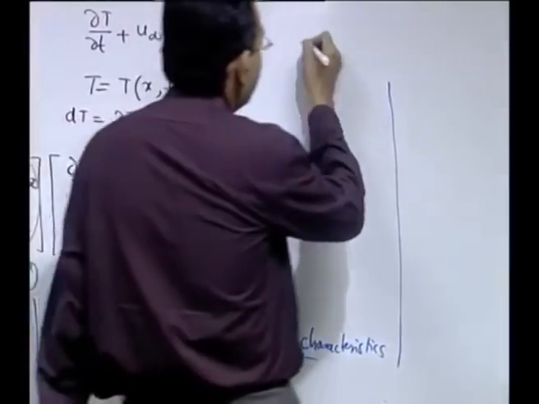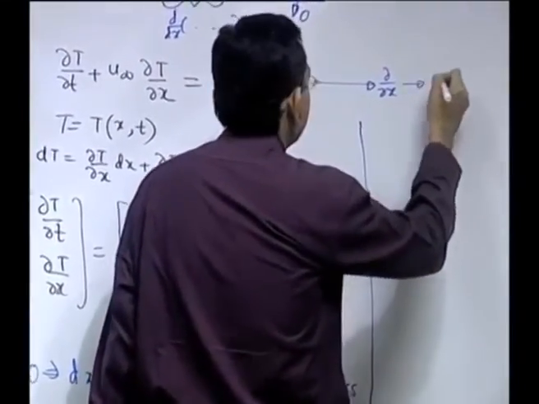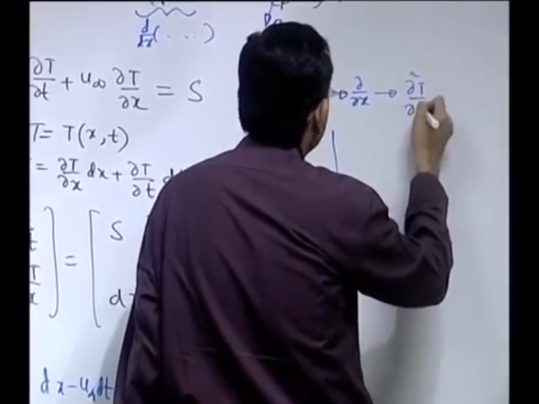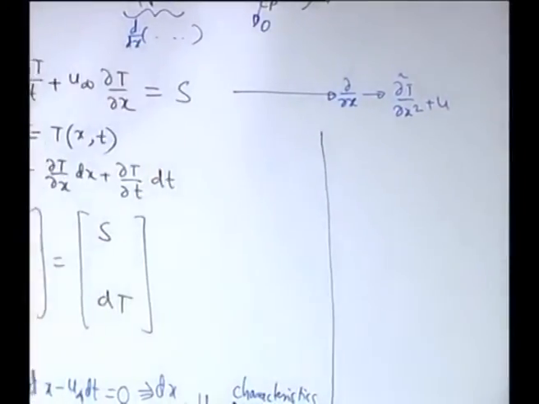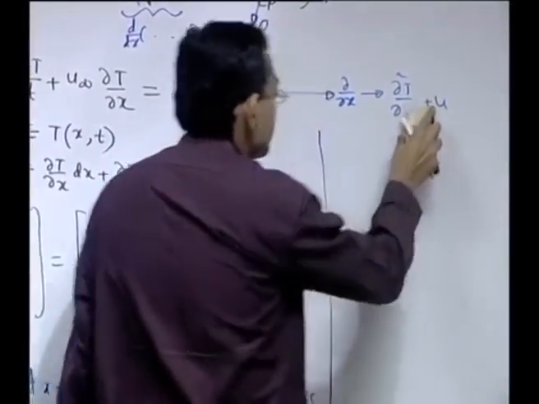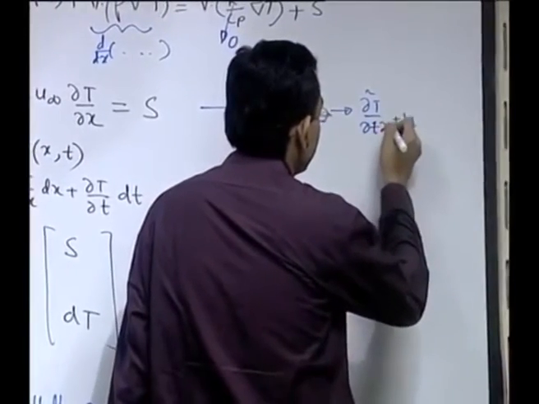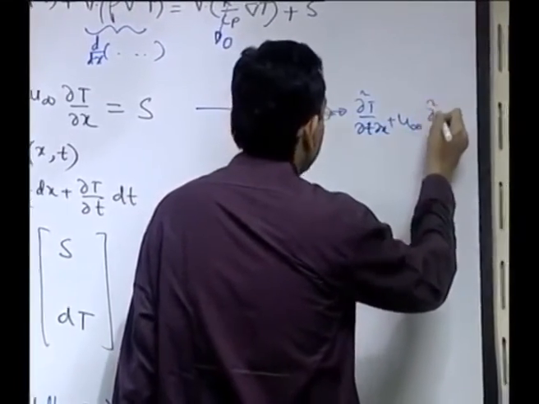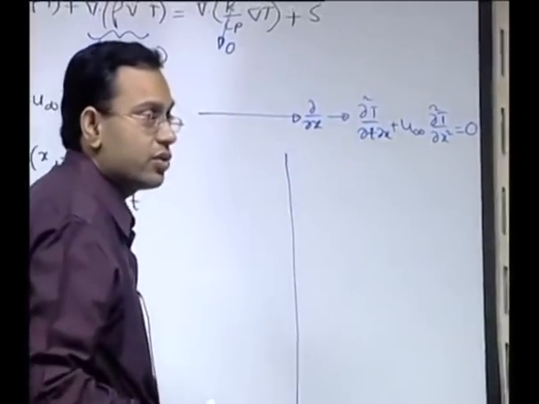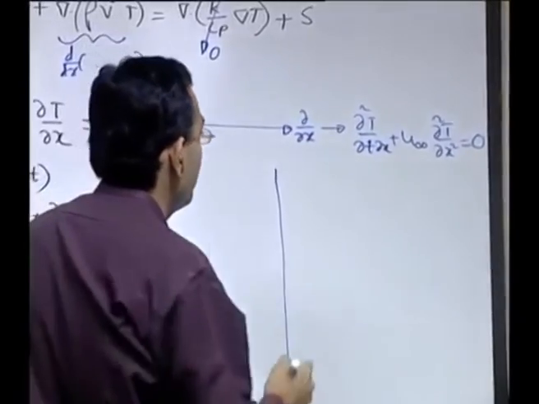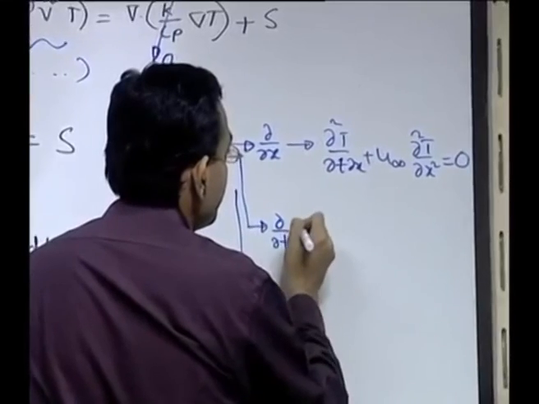It can be done very easily. First you differentiate this partially with respect to x once. So, what you get? S is a constant, so its any derivative will be 0. Next you differentiate the same partially with respect to t.